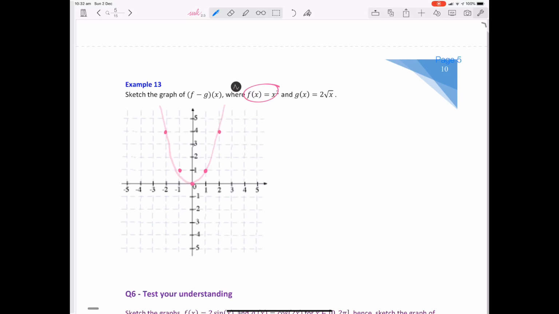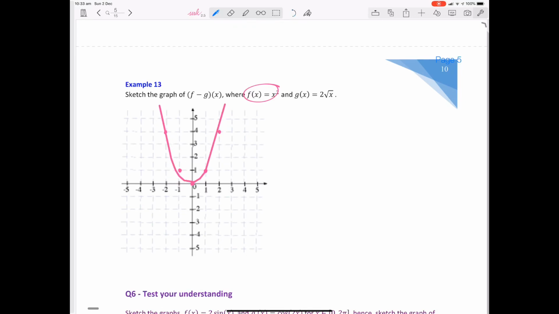That's a really bad graph. Let's move it across and see if it looks any better. You get the idea. Not right.